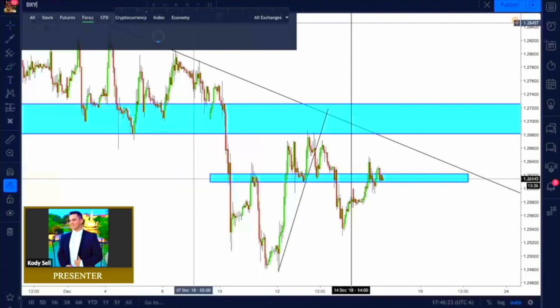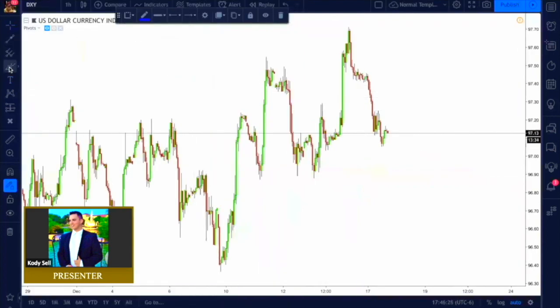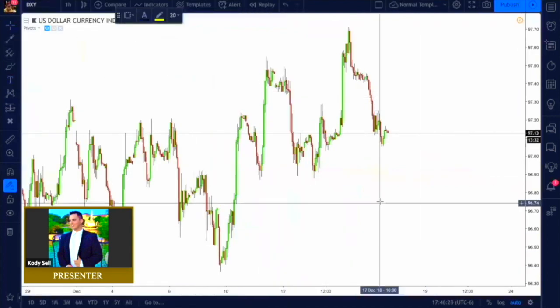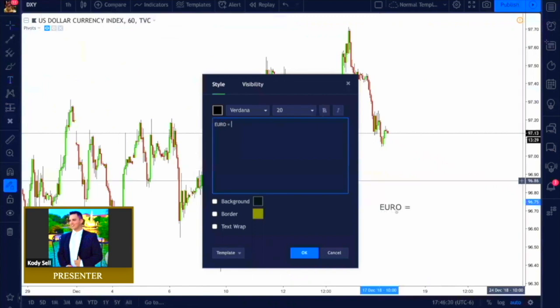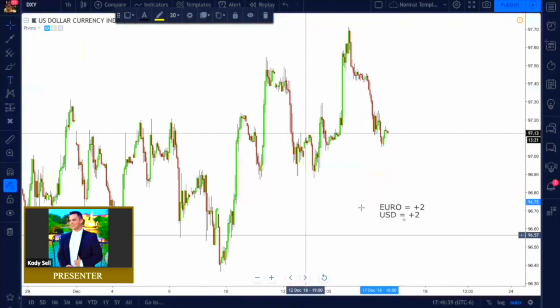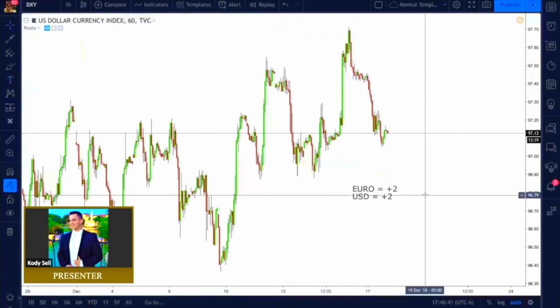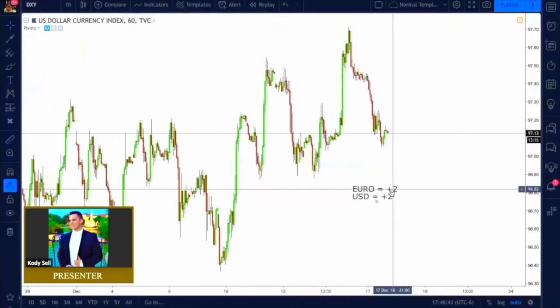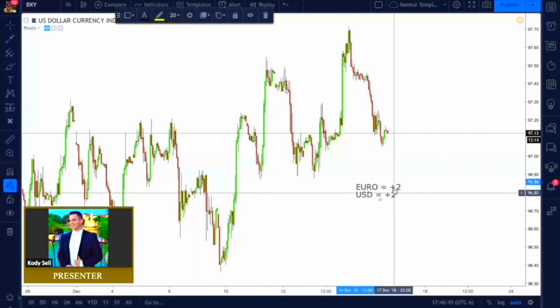So in this case, both of the currencies that we looked at, the euro is +2, and the dollar is +2. So both of these currencies, I wouldn't be too interested in trading against each other because they're kind of moderate.